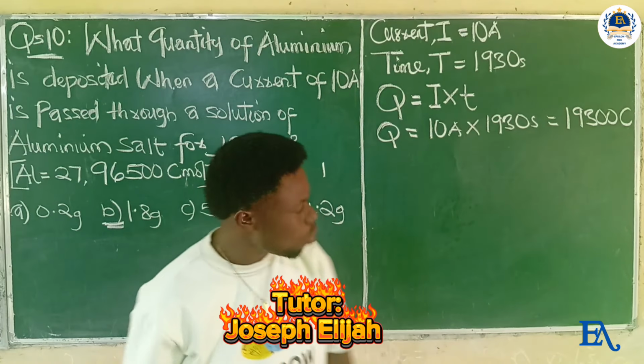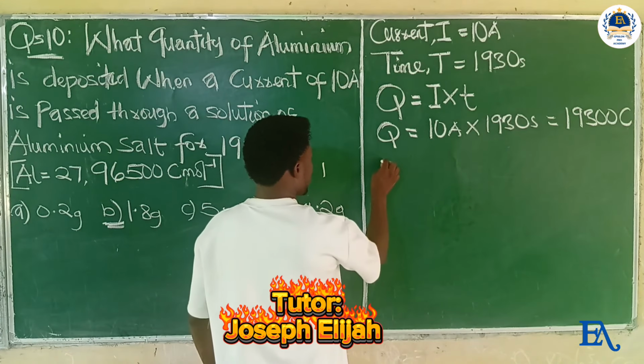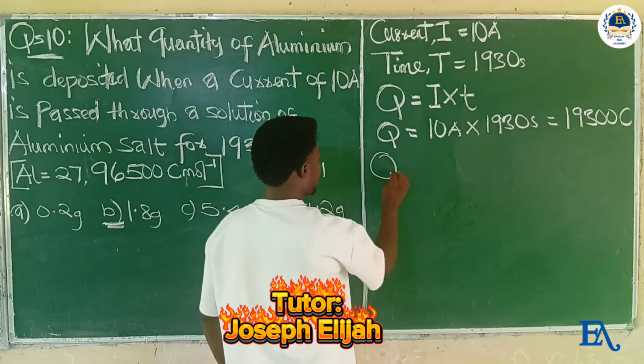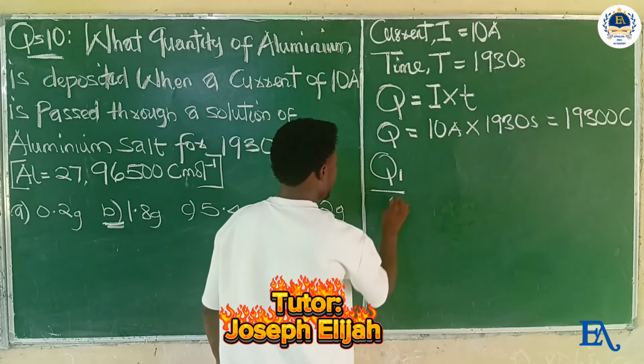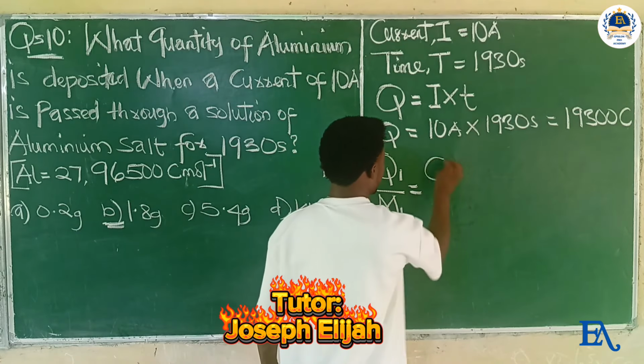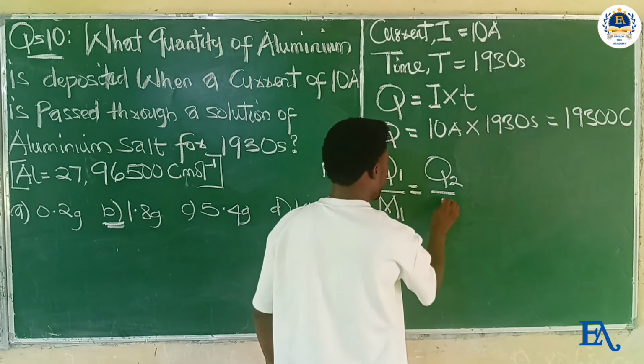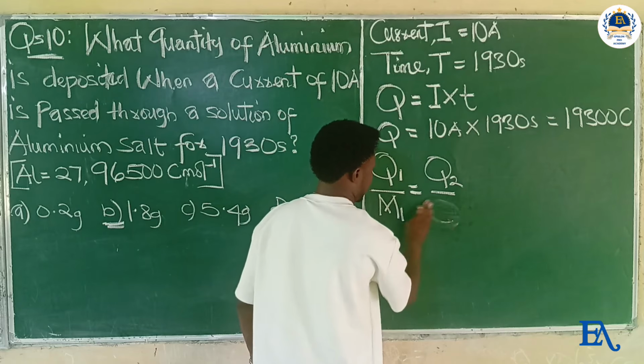So from the law, we have Q1 over M1 is equal to Q2 over M2.